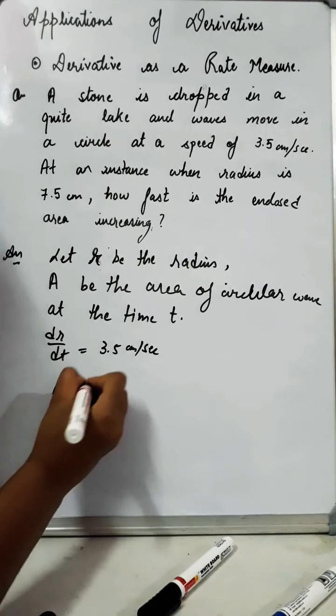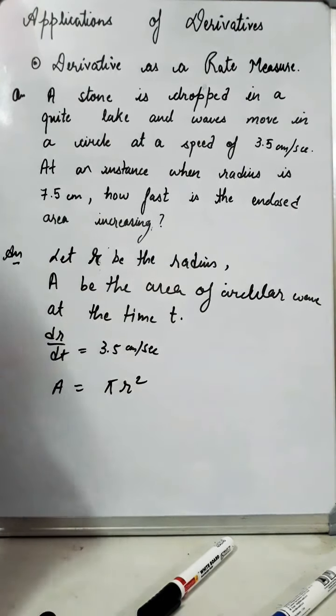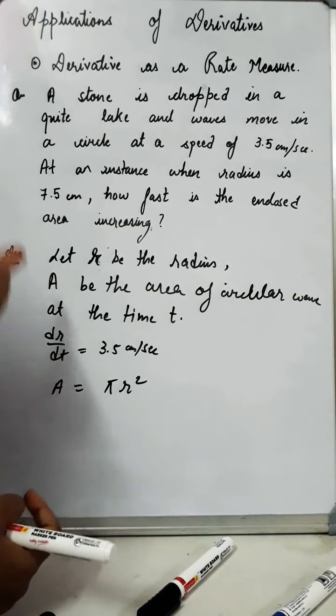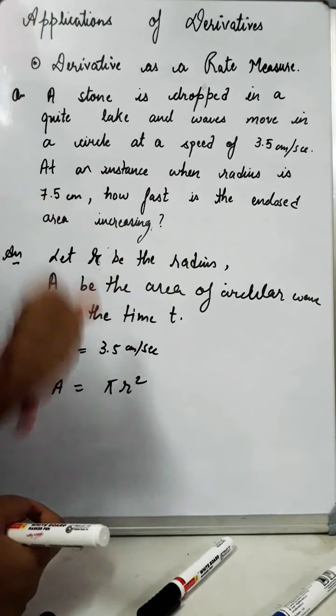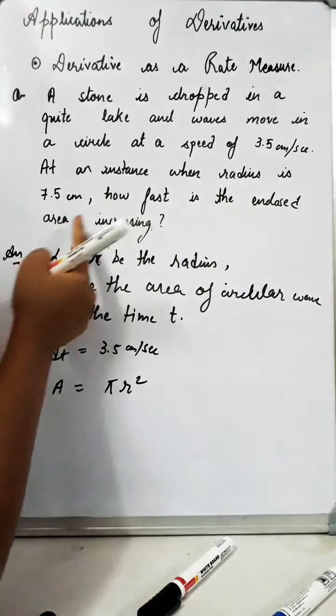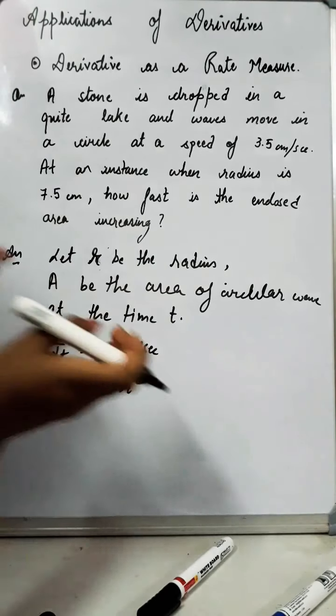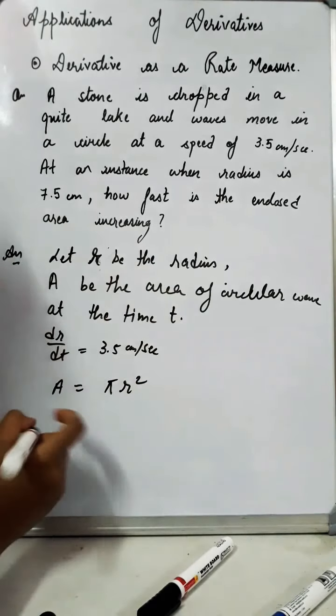Area of the circle, you know, is pi r square. Radius is r, so pi r square is the area. Now we have to find the change in area with respect to time. How fast is the enclosed area increasing? So the increment in the area will also be considered with respect to time.